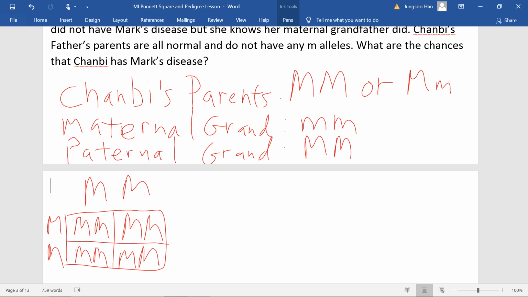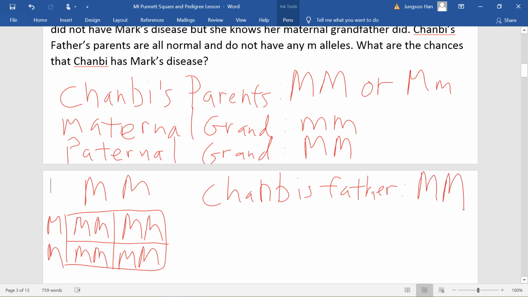Because if you look at the Punnett square, they're all big M. So that means Chambi's father, his genotype has to be big M, big M, okay?